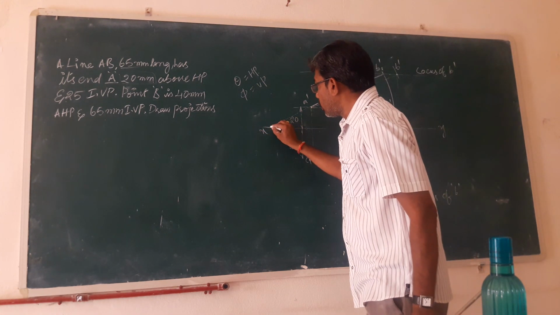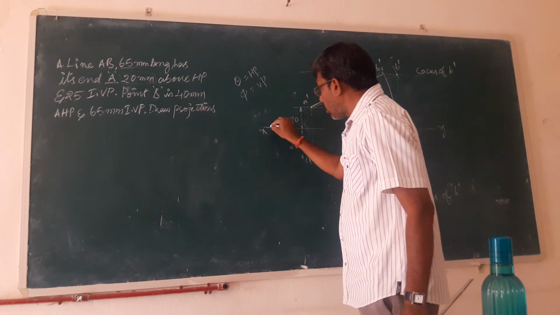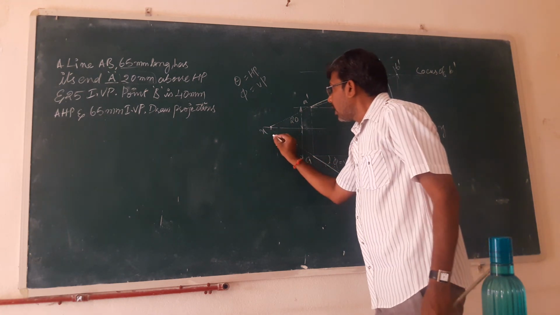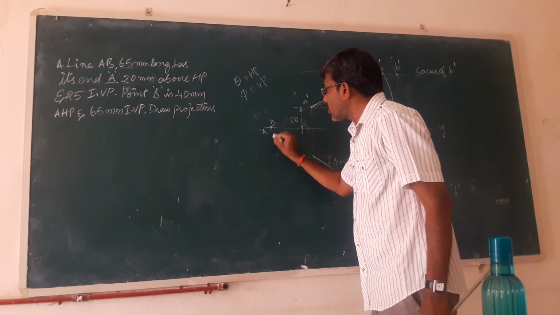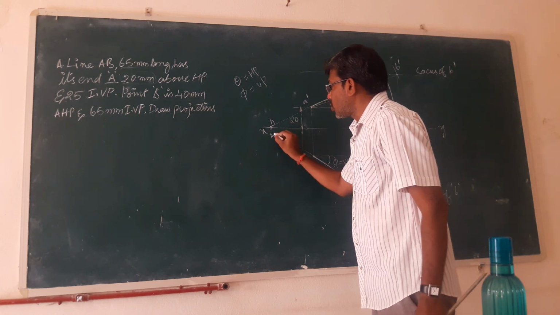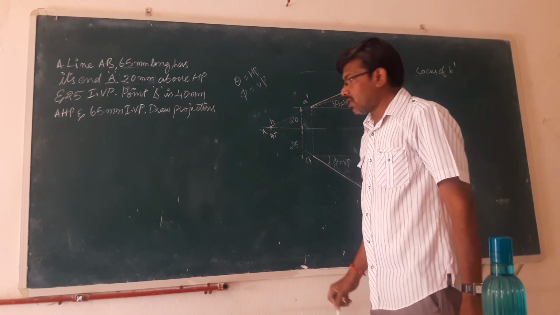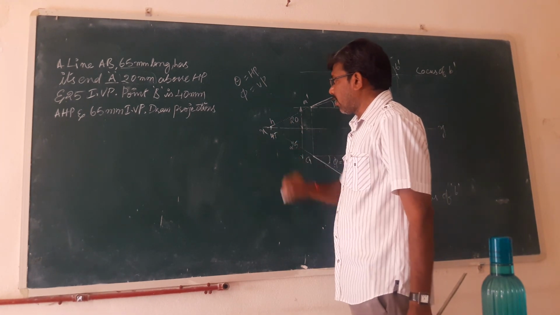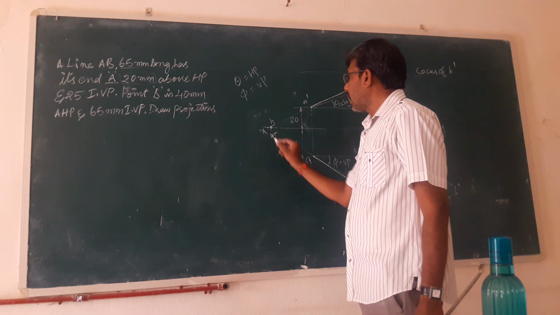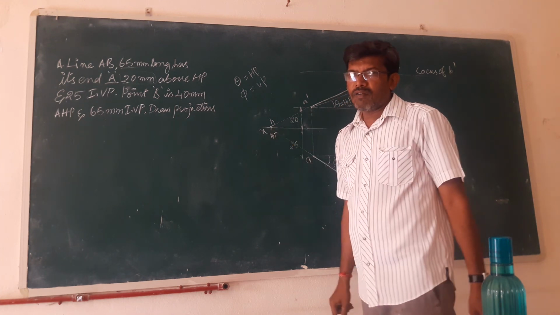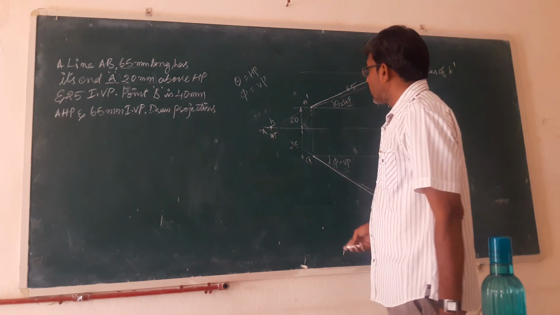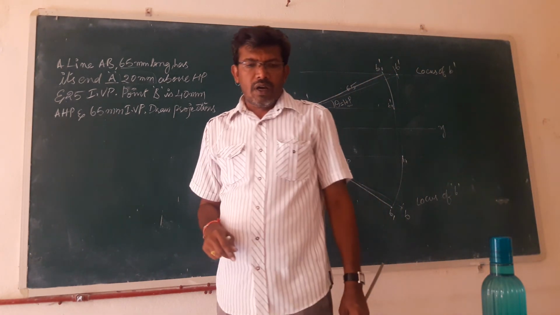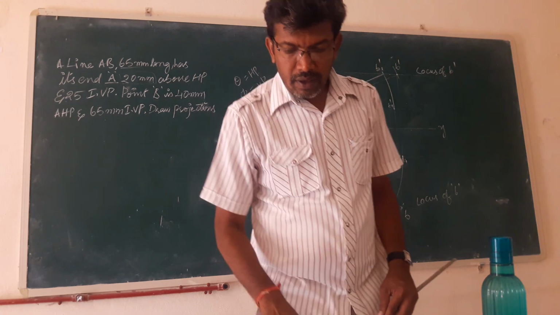If you draw a line here up to this vertical line, this one is called HT. So this is the horizontal plane. And next, coming to the point where the vertical trace is here, and here we are not getting any kind of horizontal trace. So these are the cases. Right, we'll go to the next problem.